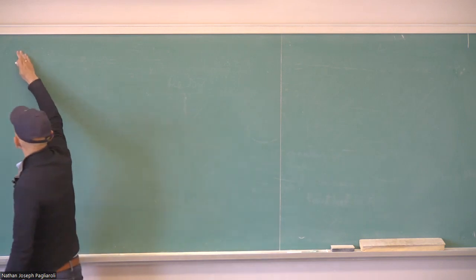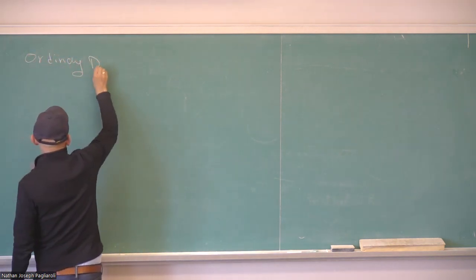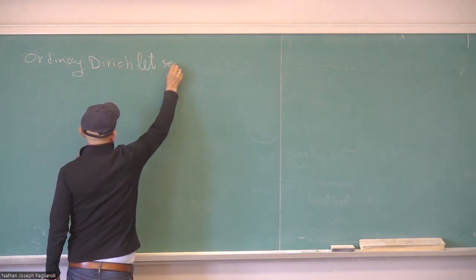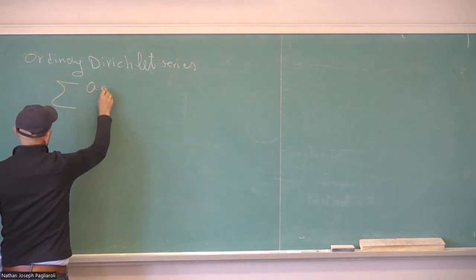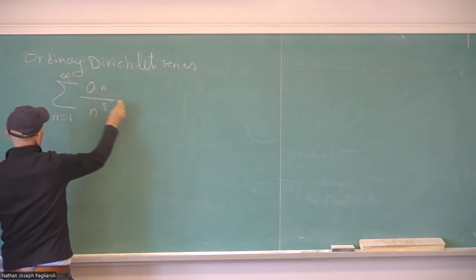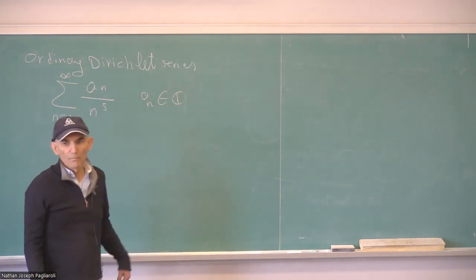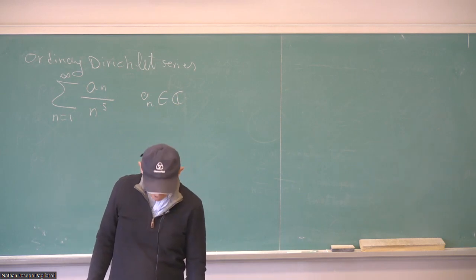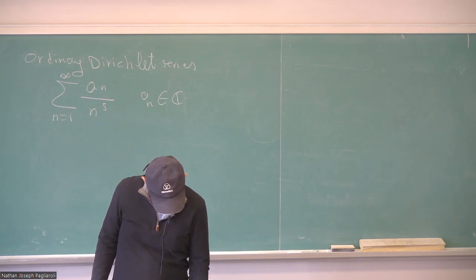This is what most people really consider when they think about Dirichlet series, with a_n belonging to C. These are the type of Dirichlet series we will be mostly working with.